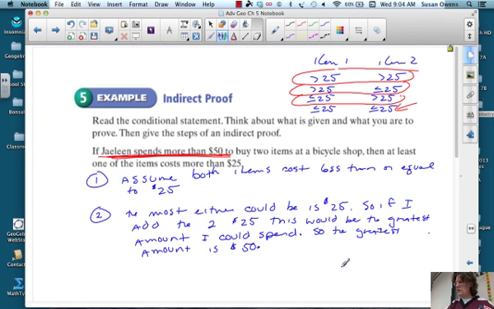So here's one of the most important steps of my indirect proof. But this contradicts the statement that Jaylene spent more than $50.